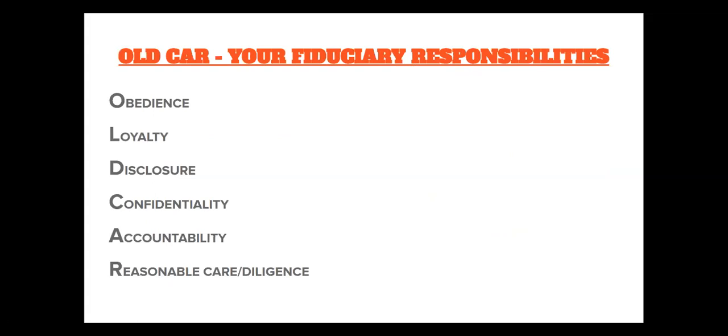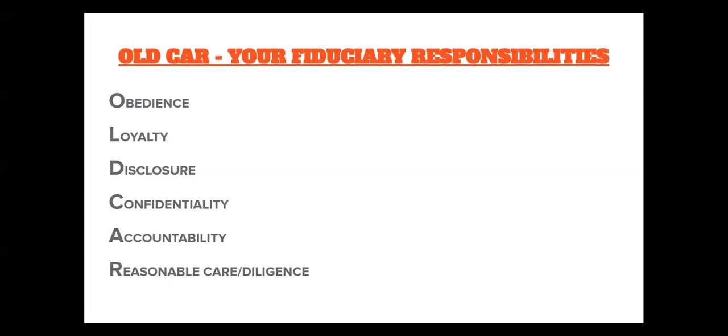OLD CAR. Who remembers this from class? These are your fiduciary responsibilities. I want to start here because when you have a client, you have to have the OLD CAR mentality first and foremost in the conversation. Let's say somebody said, hey, I want to sell my house and I only want to sell it to a Black American, right?